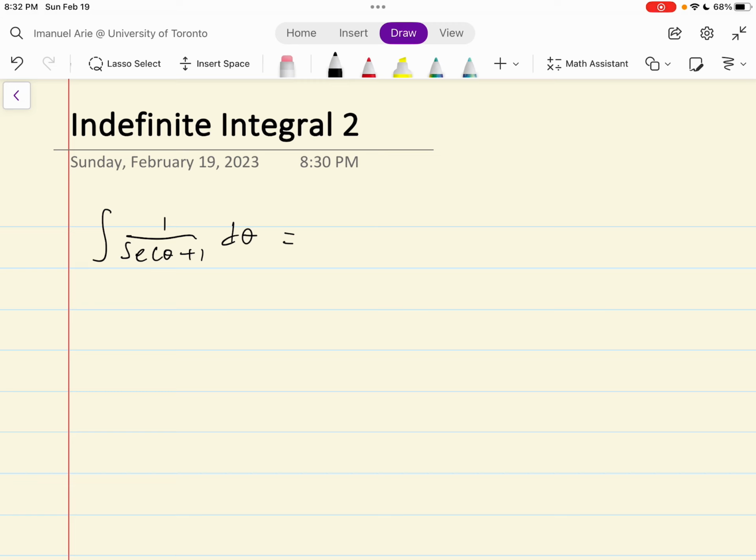So the key is we need to do some manipulation first before we apply several techniques that will help us to solve this. Since we already have this term, I think it is a good idea to make it secant squared theta minus 1, because recall the trigonometric identity. So let's do this.